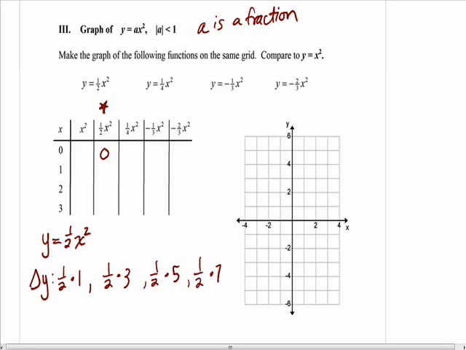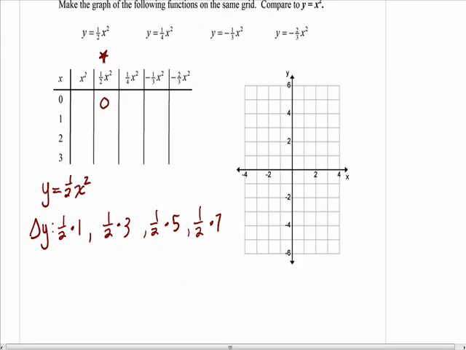For the most part, I always tell you guys to leave your answers improper, but for some reason, I think it's easier to use this method when you write them as mixed numbers. So I'm going to simplify it down here and say 1/2, 1.5, 2.5, 3.5.